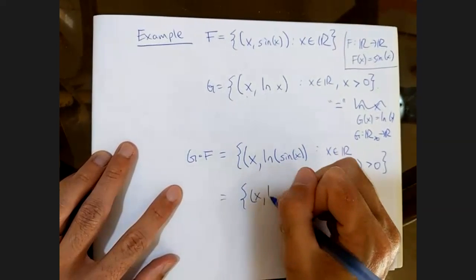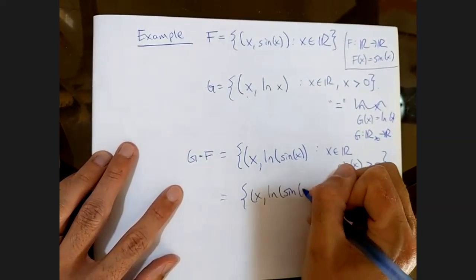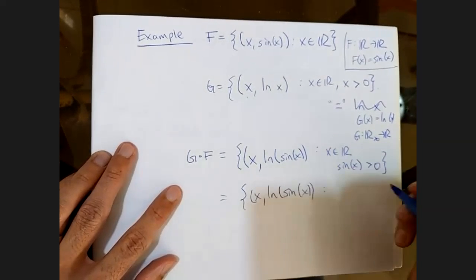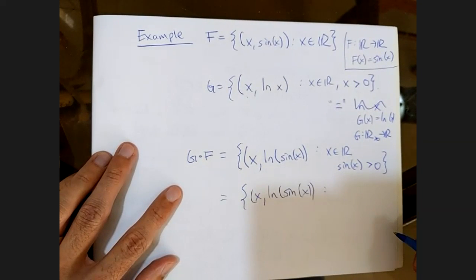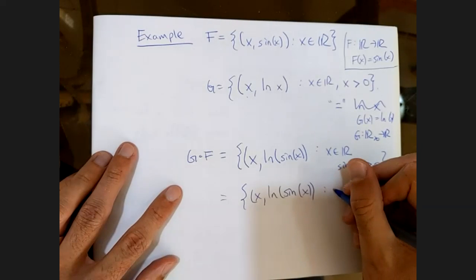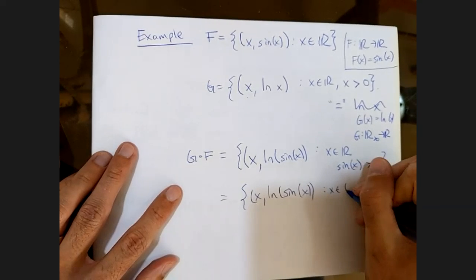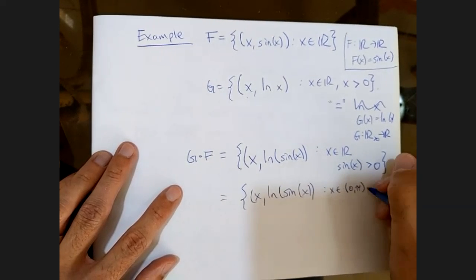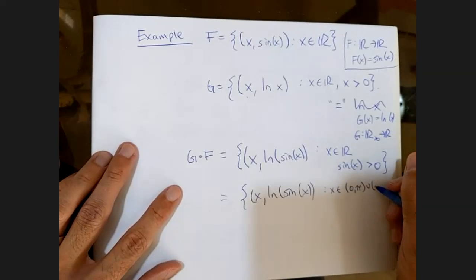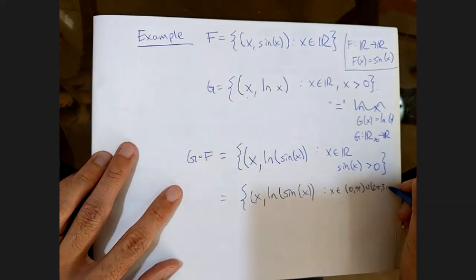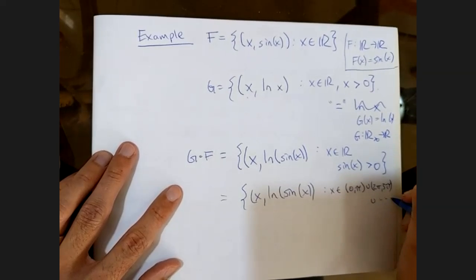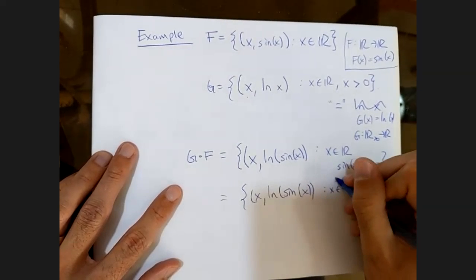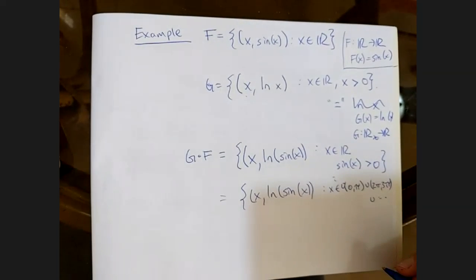If you look at the graph of sine, I guess that should be like x is in the interval from 0 to pi, union 2 pi to 3 pi, and so on, and go on backwards like that. Okay.